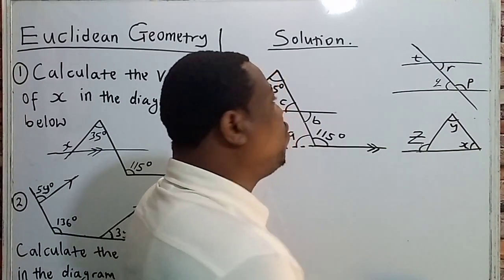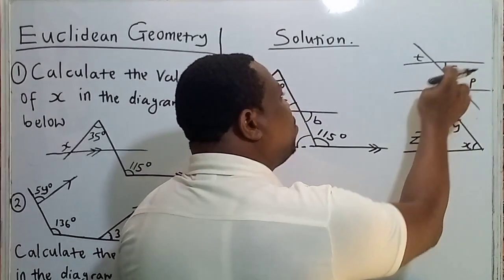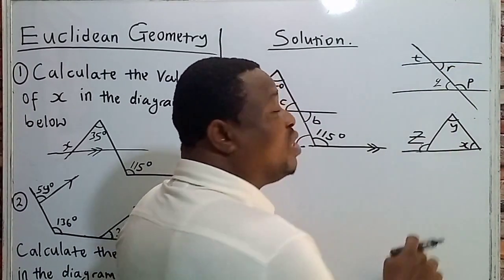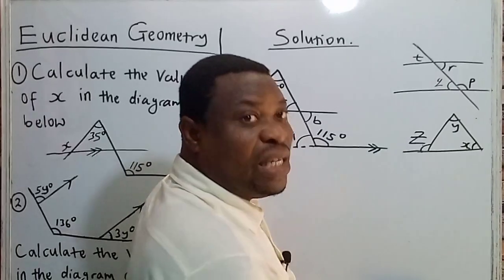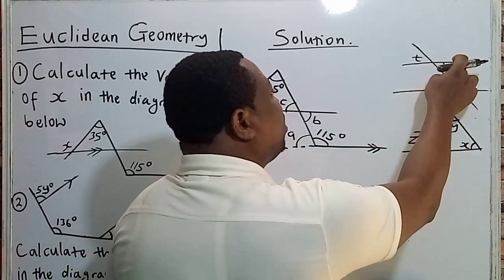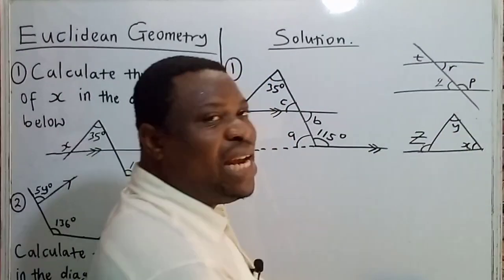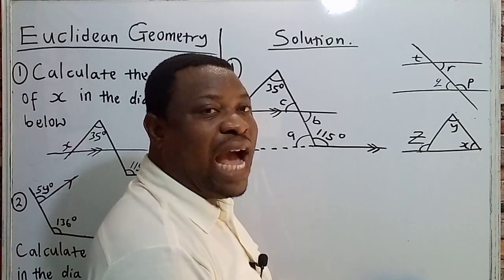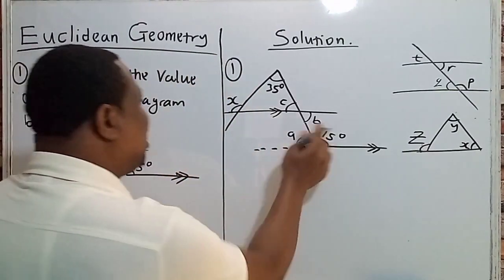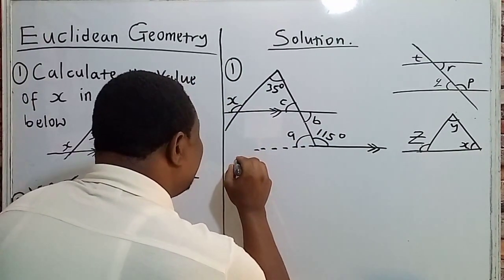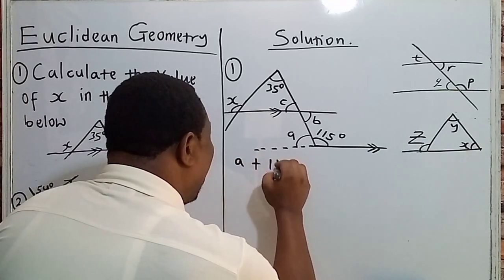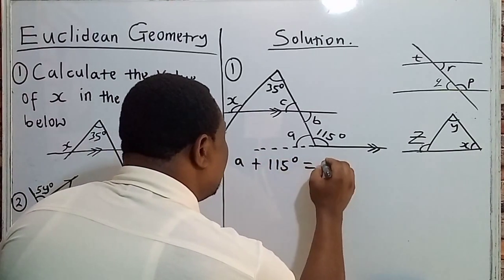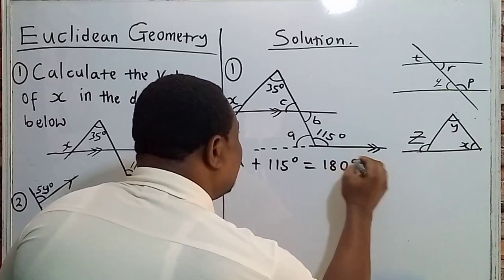And I've told you before now that angles R and Q are alternate. So therefore, they are equal. And I've also established that R and T are vertically opposite. Therefore, they are equal. So using that principle, I know that my A plus 115 degrees should give me 180 degrees.